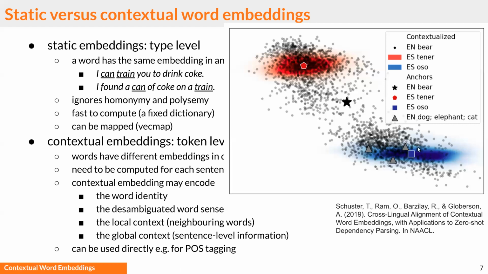So this is close to the English bear as an animal, whereas this is the Spanish tener, the verb bear, and it is similar to the English bear in the meaning of a verb. So basically what I want to show is that the good thing is that the embeddings encode both the word identity and the meaning in the context, as shown here.